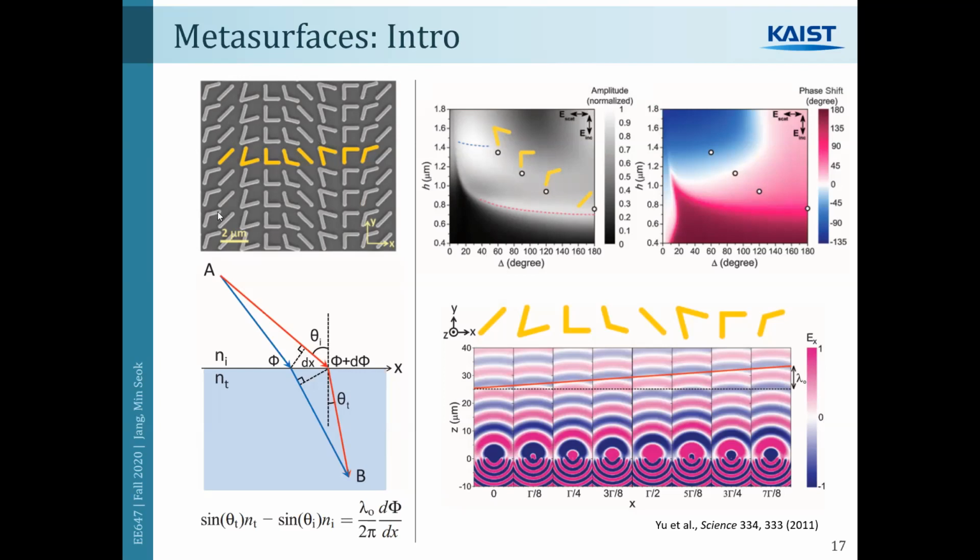And that makes life much easier, so you can actually create many different devices. So here, you probably know about Snell's law, which is the left-hand side of this equation: n1 sin theta 1 equals n2 sin theta 2.